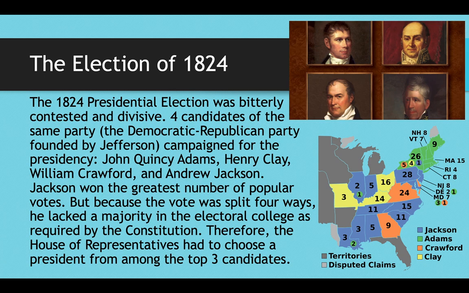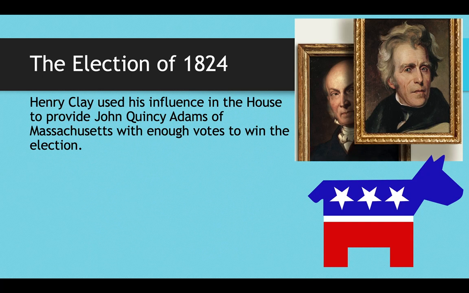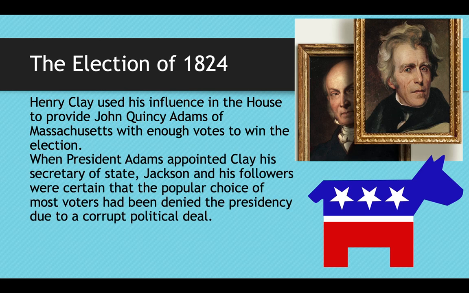Henry Clay was the 4th, and so he was not eligible to be chosen by the House of Representatives. Now, Henry Clay did have a lot of sway in the House, and he used his influence to provide John Quincy Adams with enough votes to win the election outright. So, John Quincy Adams, son of John Adams, became the 6th president of the United States.